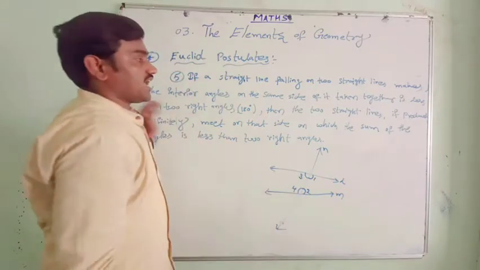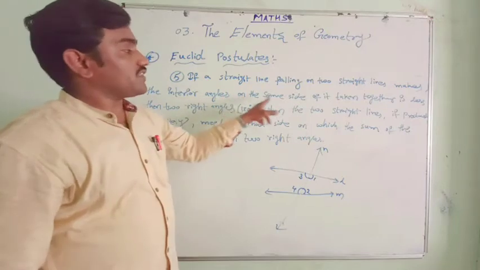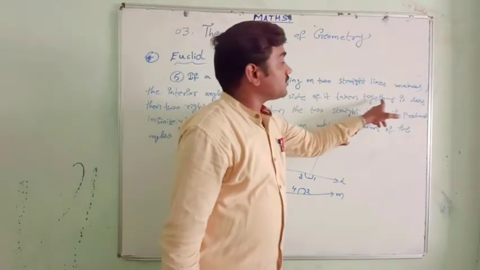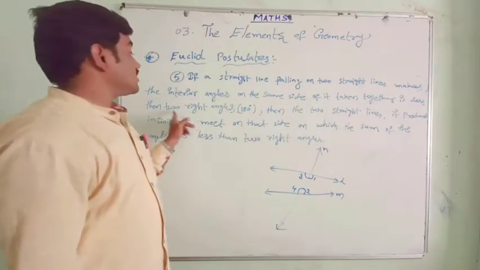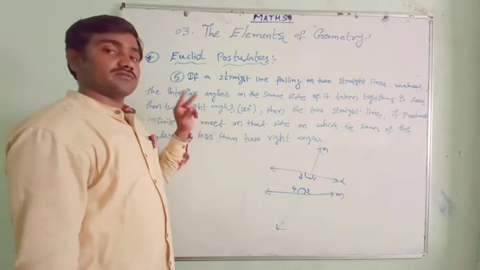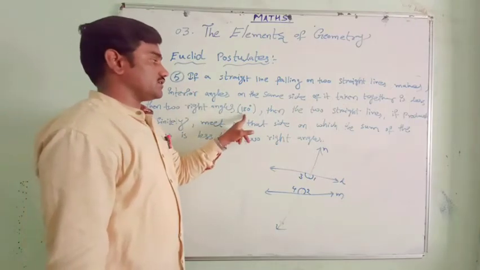On the same side, taken together, the sum is less than two right angles. Two right angles means 90 and 90, that is 180 degrees.